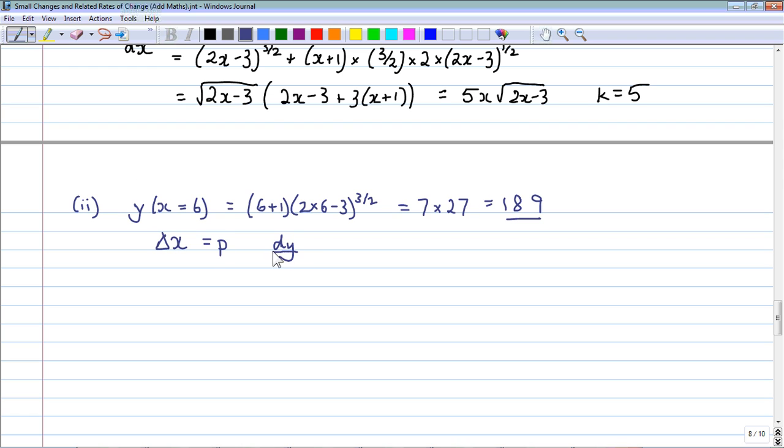Now dy by dx when x is 6, well, that's equal to 5x root 2x minus 3 when x is 6, which is 30 times the square root of 12 minus 3.